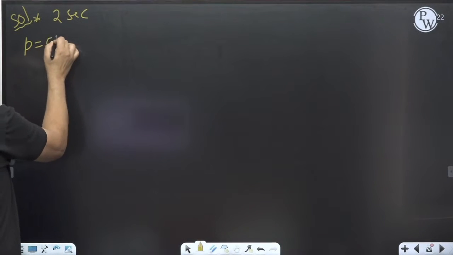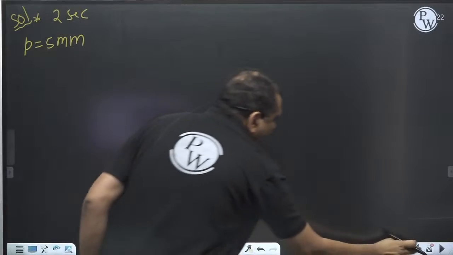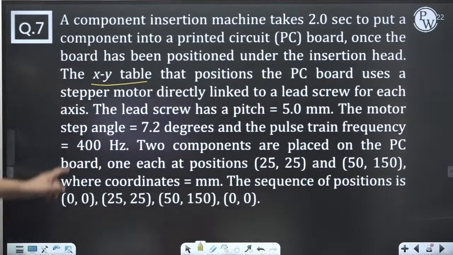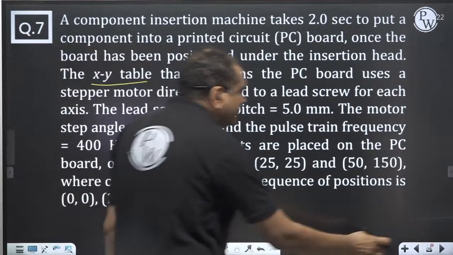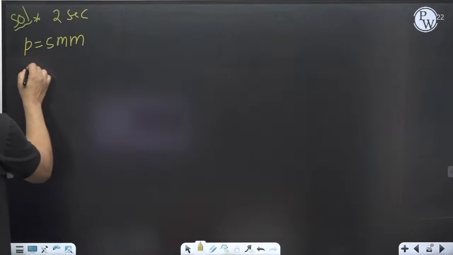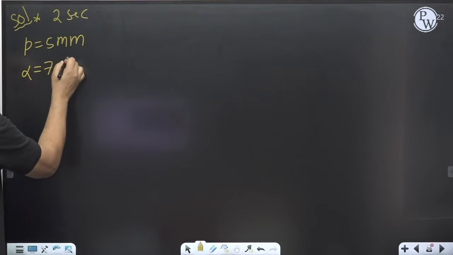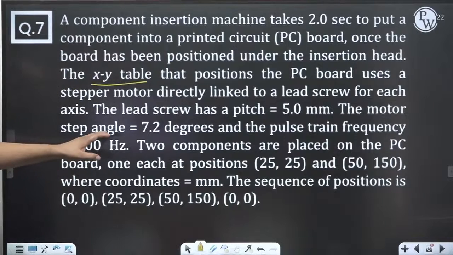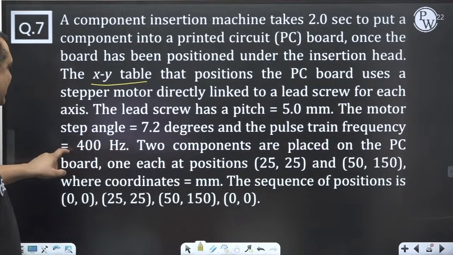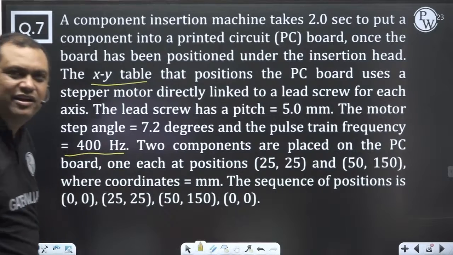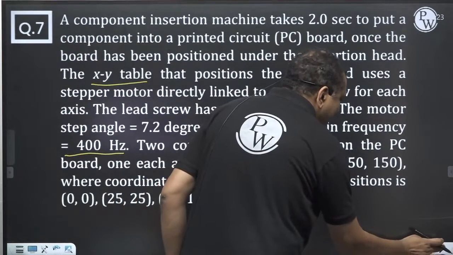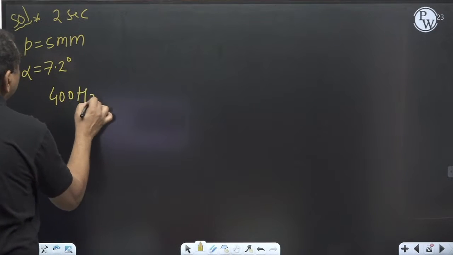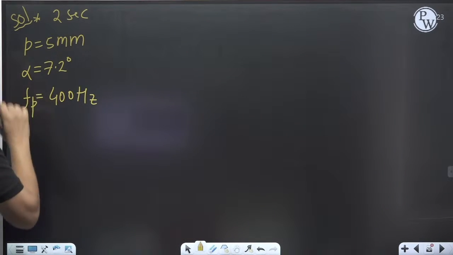And the step angle is 7.2 degrees. I am just writing the data; the details we will discuss later. Okay, na? And the pulse train frequency is 400 hertz. This is your f_p. Okay, na?